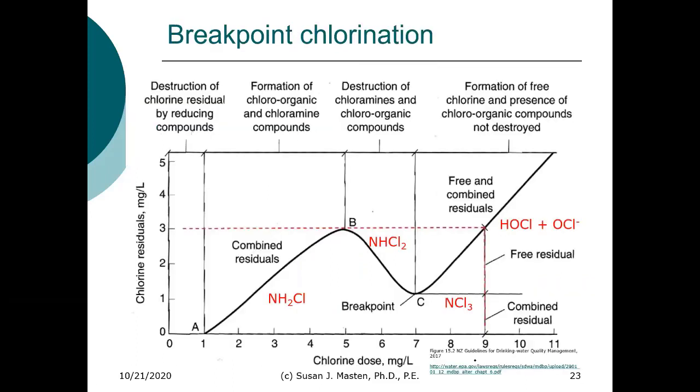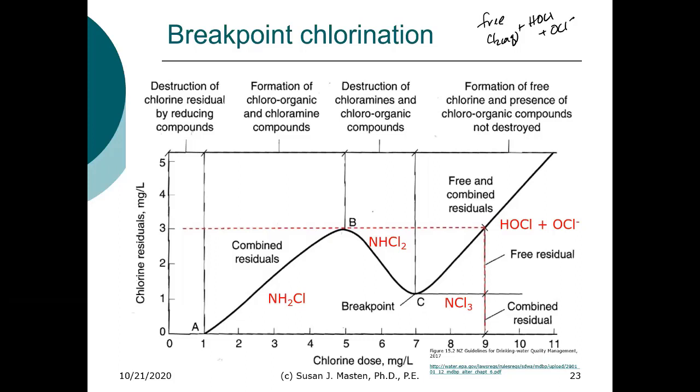This diagram here demonstrates what we refer to as breakpoint chlorination. We're going to introduce another term called combined residuals. Free chlorine is aqueous chlorine plus HOCl, hypochlorous acid, plus OCl minus.